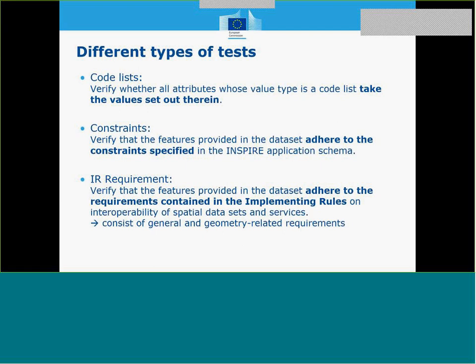For these, we want to check whether the features in the data set adhere to the constraints that are specified. And the same happens with the IR requirements. We want to check that the features that are in the data set adhere to the requirements which are contained in the implementing rules. And these are composed in a generic, geometry-related way.